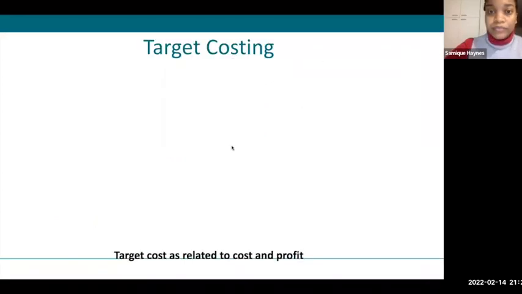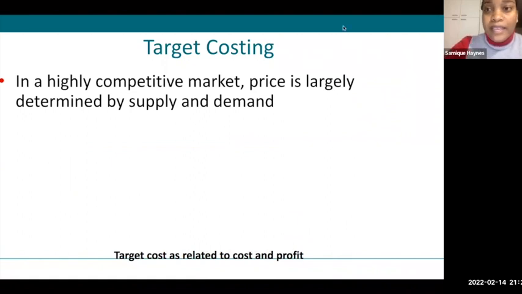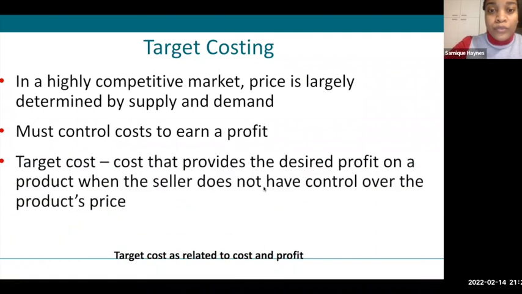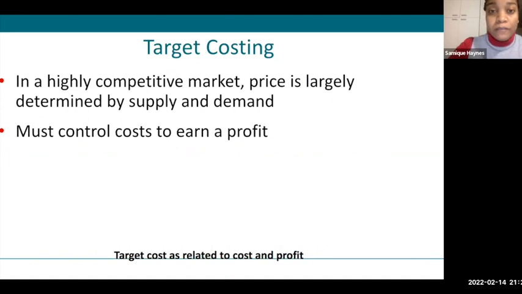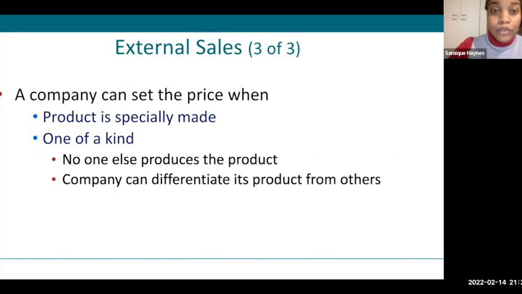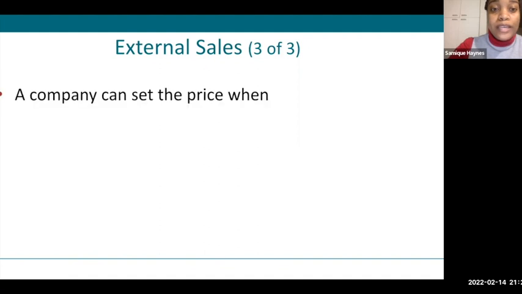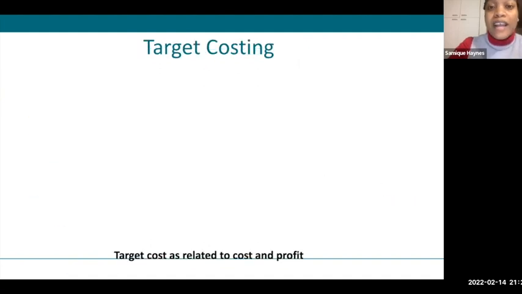Yes, okay. So in a highly competitive market, as we said before, the price is largely determined by supply and demand. So it's very important that we are able to control our costs so that we can earn a profit. That's what we were doing there.